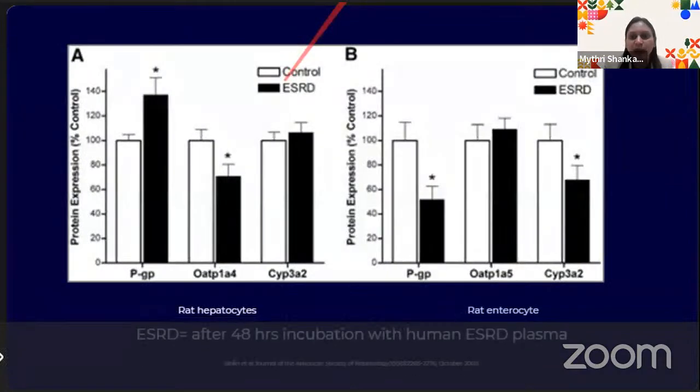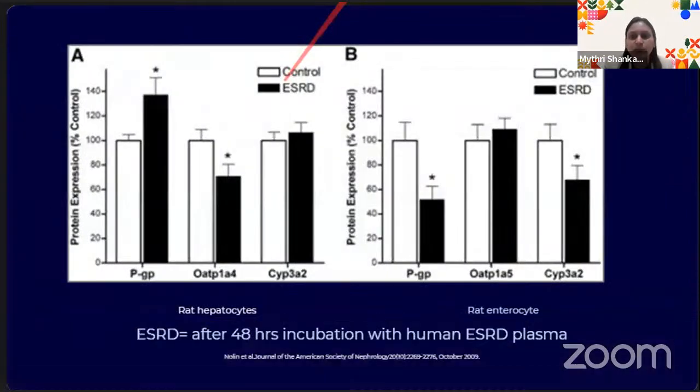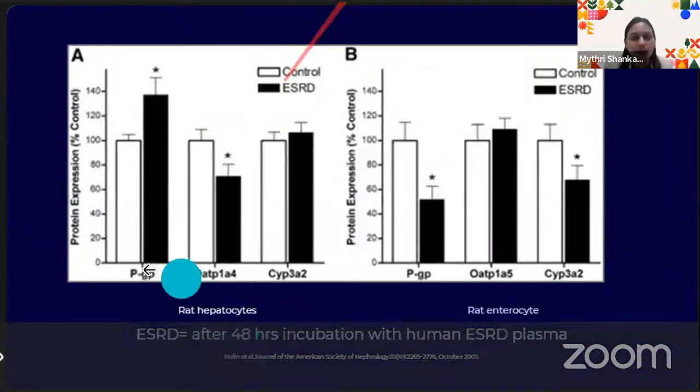To further prove this fact that uremic toxins inhibit these transporters and enzymes, Nolan and his associates incubated rat hepatocytes and rat enterocytes with human end-stage kidney disease plasma. And they looked at the levels of P-glycoprotein, organic anion transporters and cytochrome activity. And you can see that all these are reduced in patients with end-stage kidney disease.